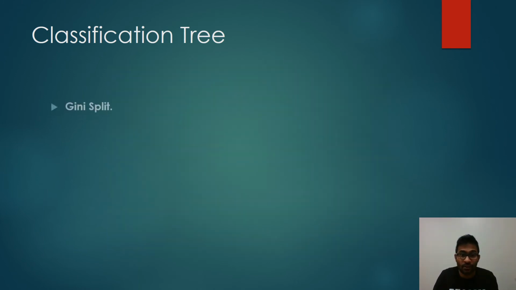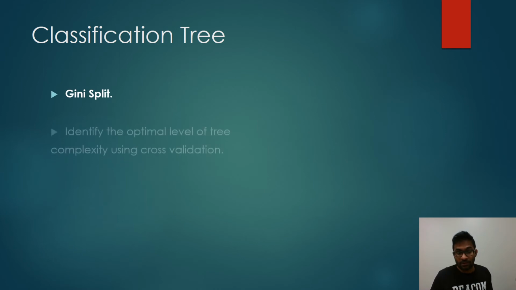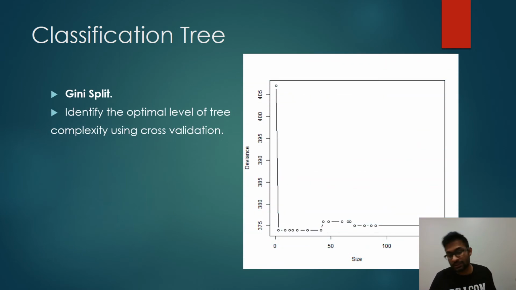Then we did it with the gini split. With the gini split we got this graph, and according to this graph you can see the 3 terminal nodes has the least cross validation error. But we tried with 3, 9, 16, 41 and 71 to see what happens.